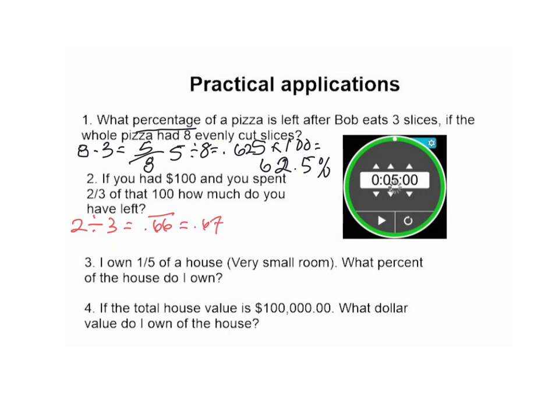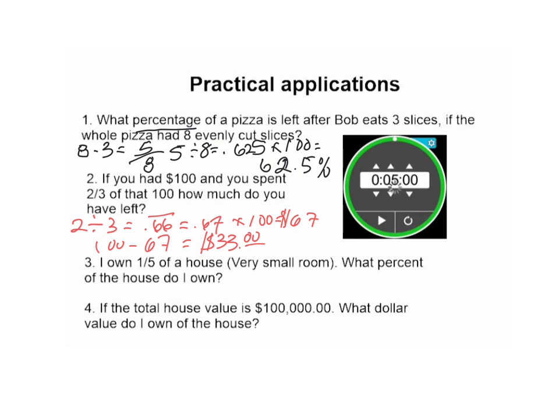We're going to round up. So 0.67 times 100 is $67. And 100 minus $67 is $33. That's what you got left.